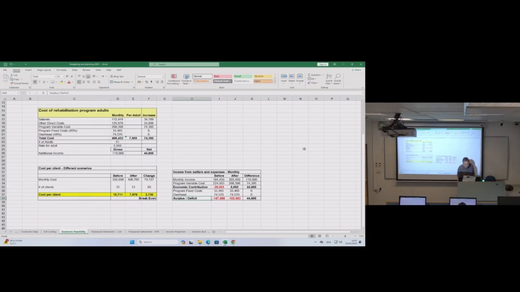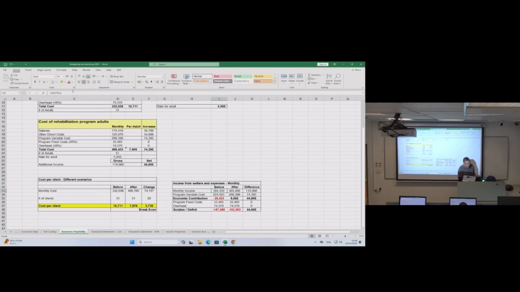So this is kind of a table of income and expenses on a monthly basis, before and after. You remember in the previous example, we saw a scenario analysis, a budget, the base budget and the new scenario, and then the changes. So we had monthly income, this is only from the government, okay, monthly income from the government, which is 31 clients times the rate.